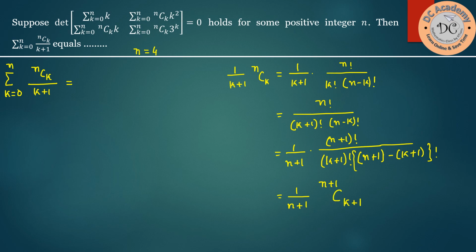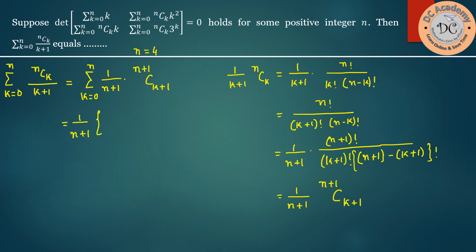That's it. So therefore, we can easily go ahead and rewrite the given summation as summation k equal to 0 to n of 1 by n plus 1 multiplied by n plus 1 C k plus 1. Now see that n plus 1 is independent of k. So I can write 1 by n plus 1 outside.